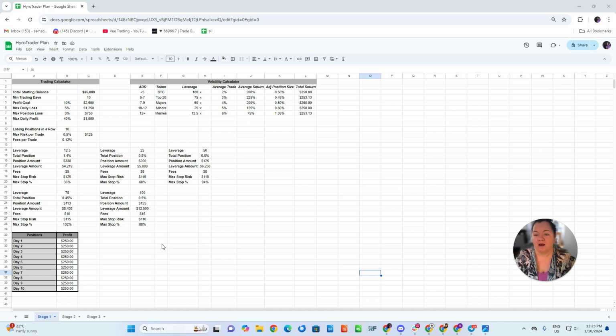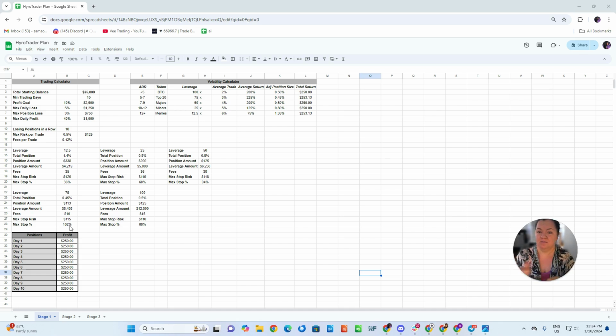What I've actually found is that the best risk to return is going to be something in your top 20 using 75x. According to these numbers, you've got the biggest stop with the lowest amount at risk to achieve more profit.